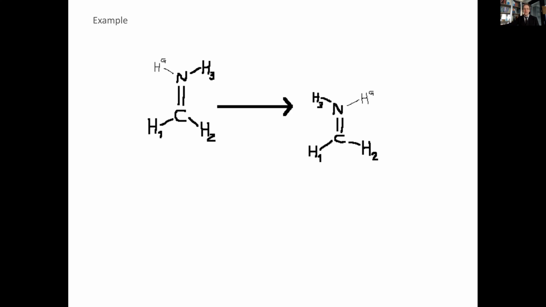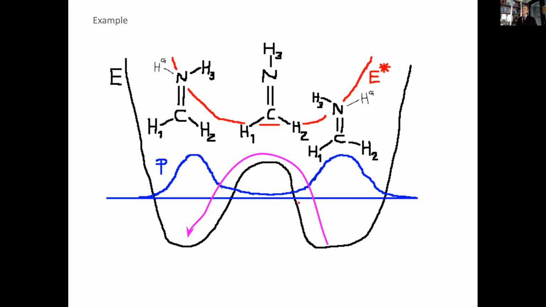Just to illustrate how one can look at this through this extended worldview of compound space, a traditional picture would be the one you see here. You basically distort your hydrogen out of the plane, and you push it over to the other side. So you do the torsional movement of your atoms in real space, and your energy will have to overcome this barrier, where basically you're breaking the double bond.